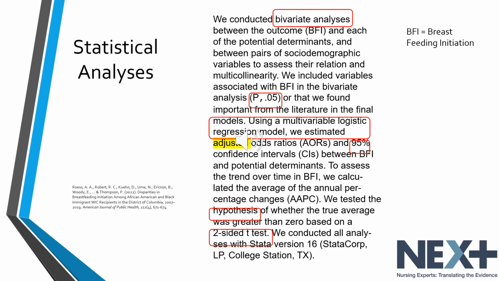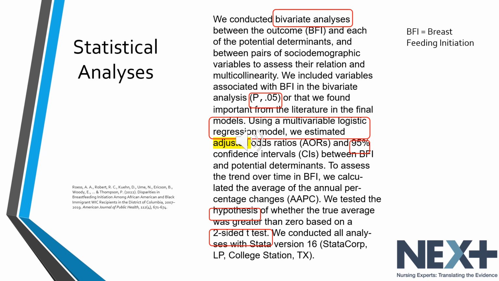In this study, the investigators' objective was to estimate breastfeeding initiation rate differences between African Americans and Black immigrants enrolled in the District of Columbia WIC program. They clearly described their analysis strategy, starting with bivariate analysis to examine the association between participant characteristics and the outcome, breastfeeding initiation.